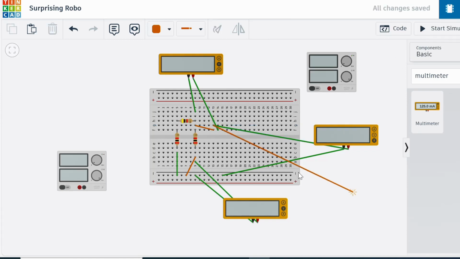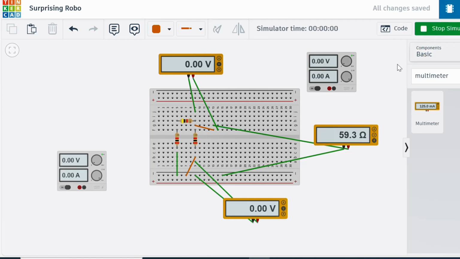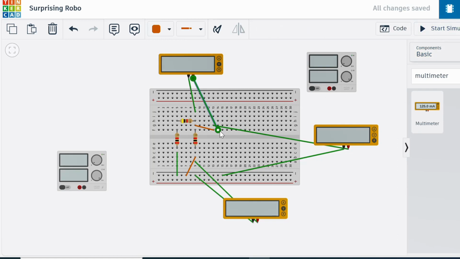yeah, there was a gap here. That's why it was not measuring the correct resistance. Let's see now. Yeah. So now, as you can see, the first multimeter is measuring 0 volts. This means that we have a short circuit. I think this wire should be here. Let's stop the simulator.